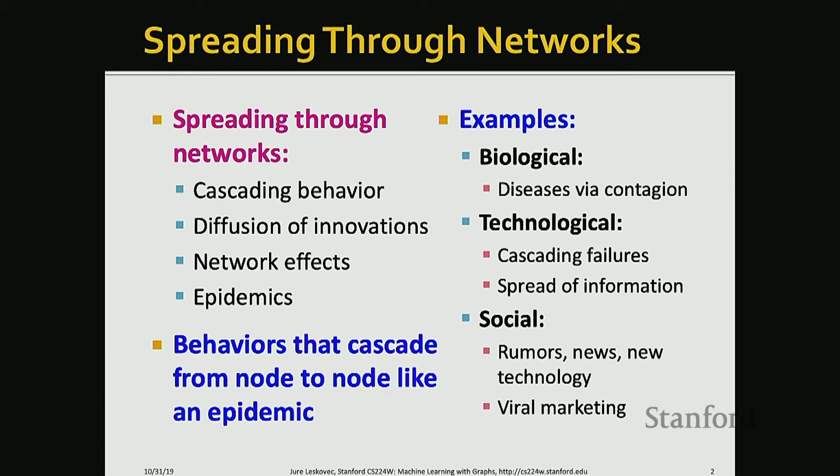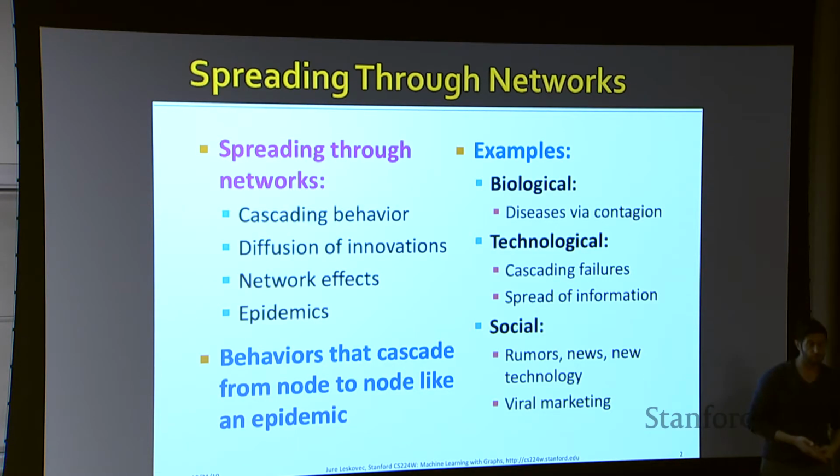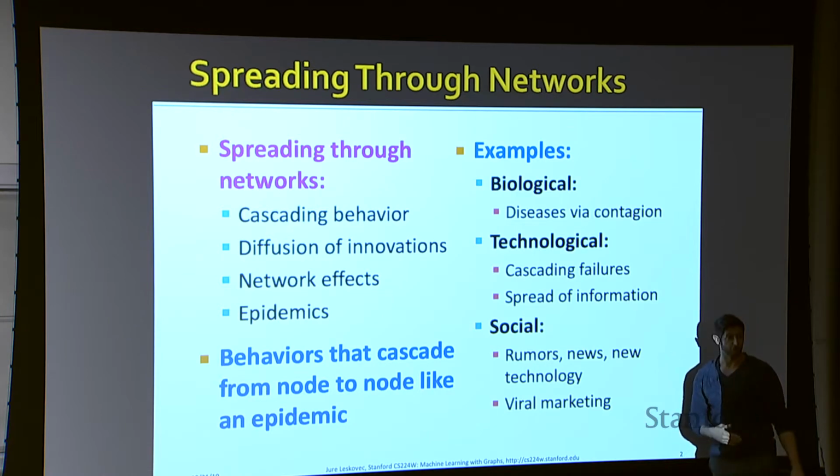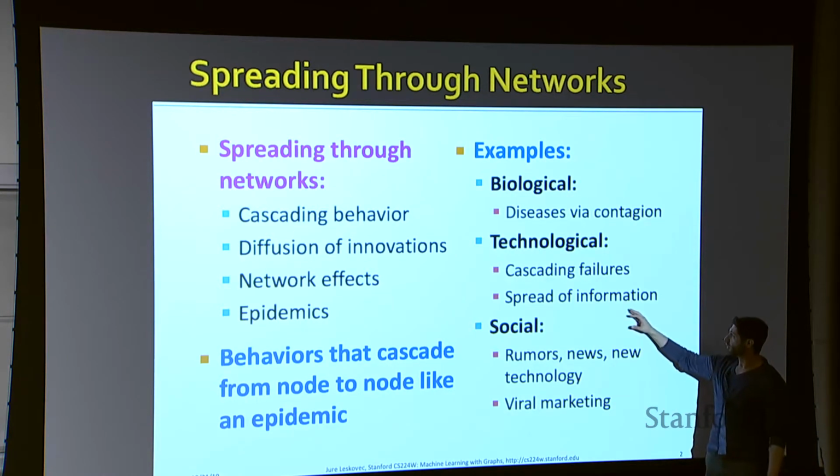We already mentioned the biological examples. You can think about how diseases spread through sexual transmission, or how flu spreads: one person is coughing and the viruses spread airborne. Or you can think of technological cascades, in terms of how information spreads.